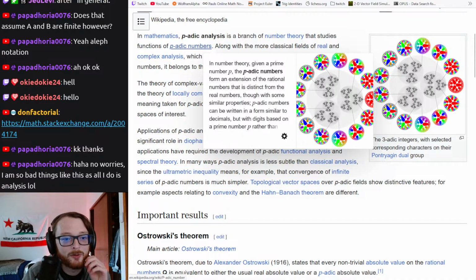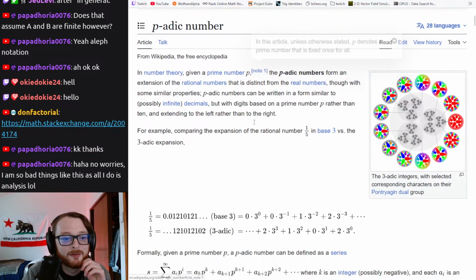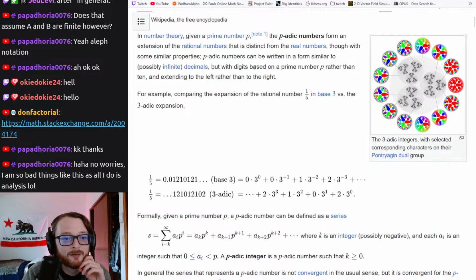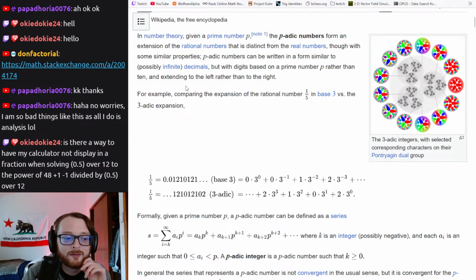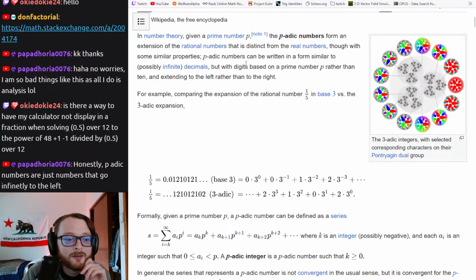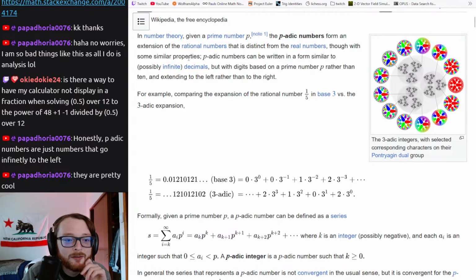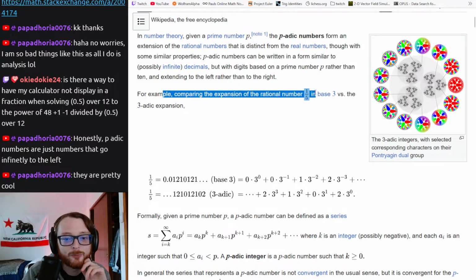Okay, so what is a p-adic number? Digits based on a prime number p rather than... So this is base... Okay, so it's talking about numbers in a rational base.